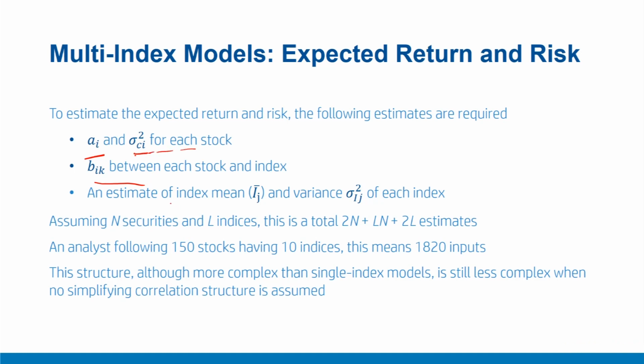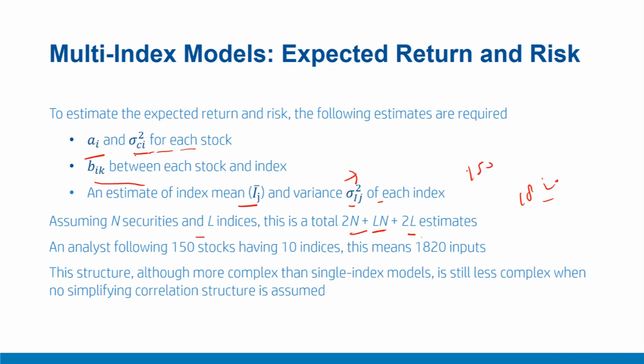And finally an estimate of Ij bar, which is the mean of the index, and sigma Ij square, which is the variance of index Ij for each index. Assuming there are n securities and L indices, that results in a total of 2n plus Ln plus 2L estimates. For example, if as an analyst you are following 150 stocks and 10 indices, then this means 1820 inputs.